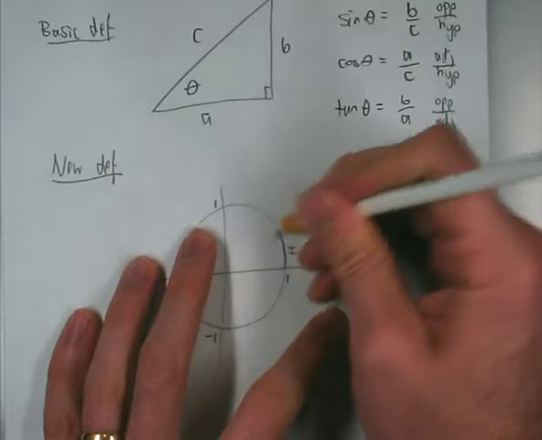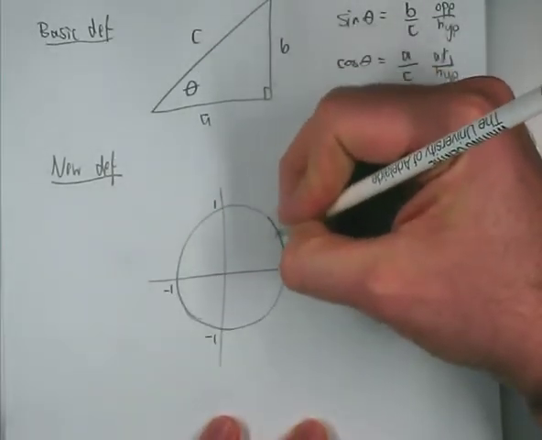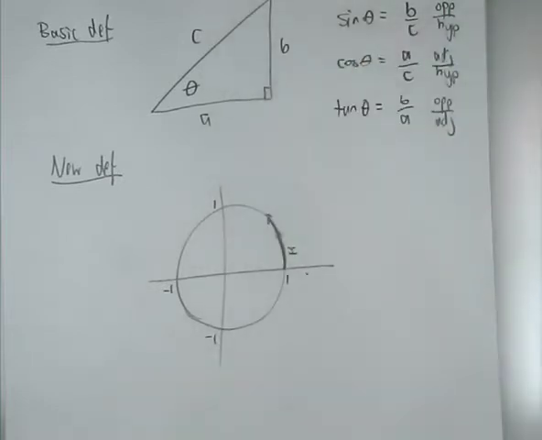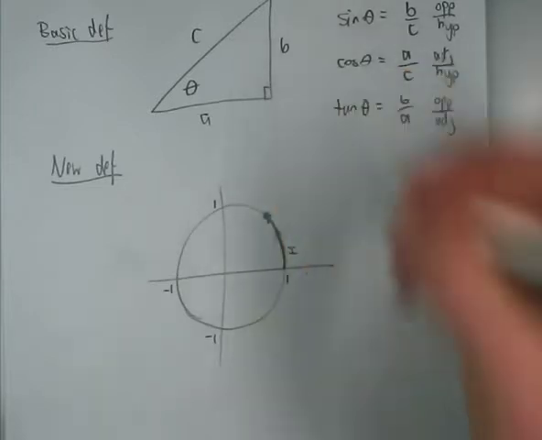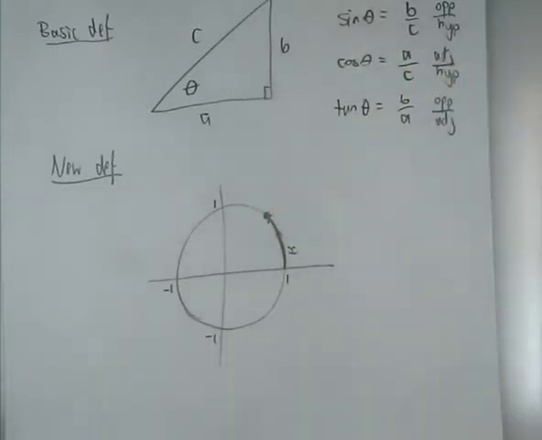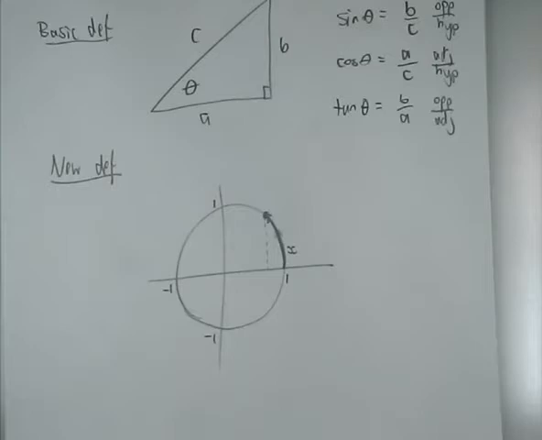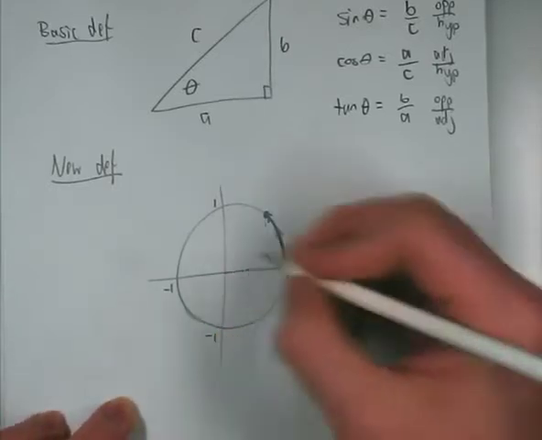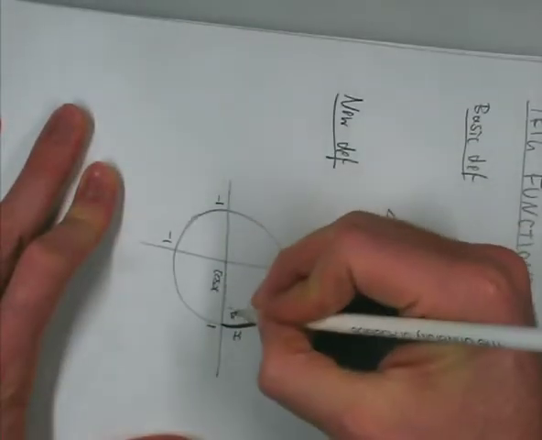And then starting at 1 and going anti-clockwise will create a point on this circle. And the height at that point is sine, and the x-coordinate is cos. So this is cos x here, and this is sine x here.